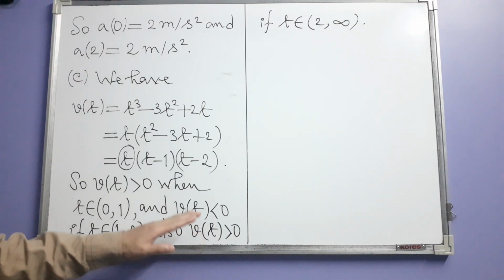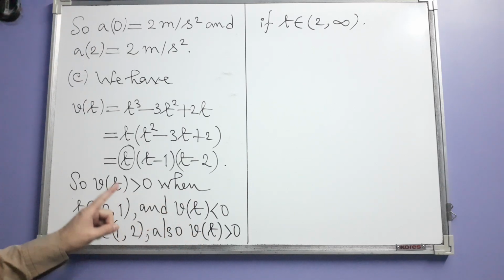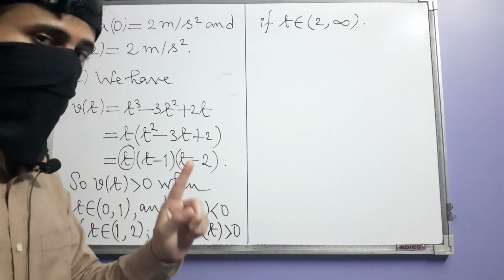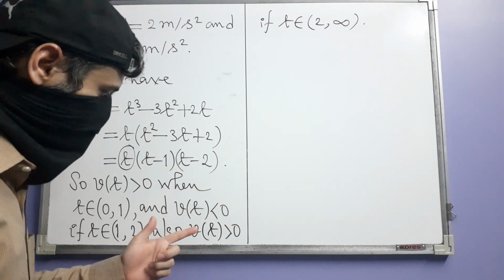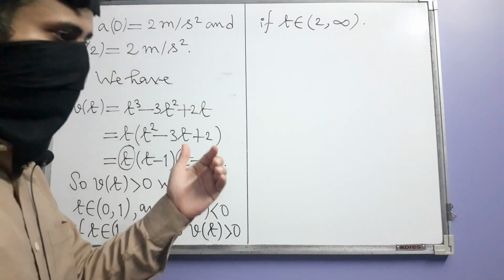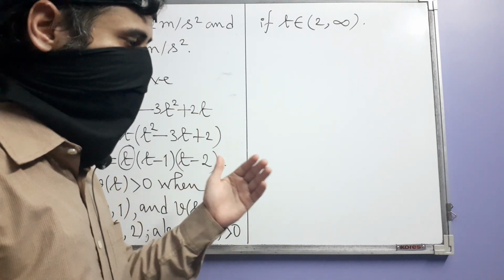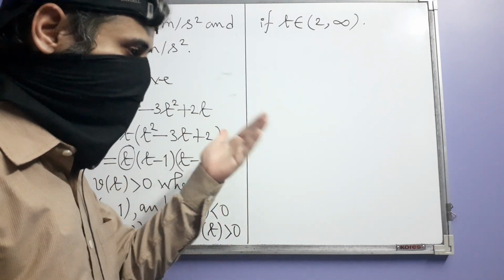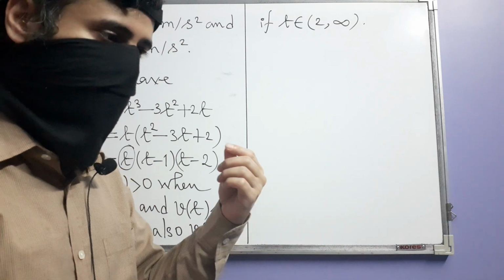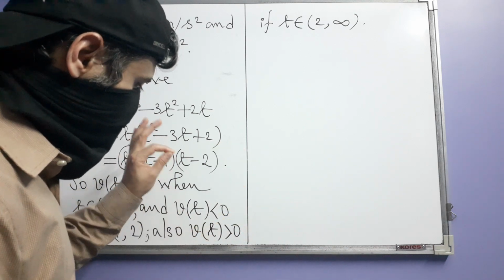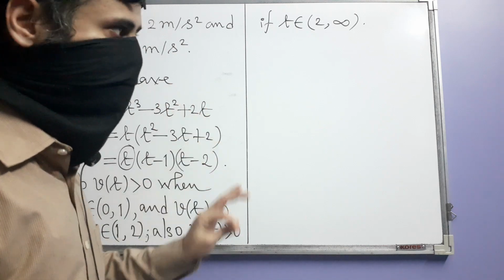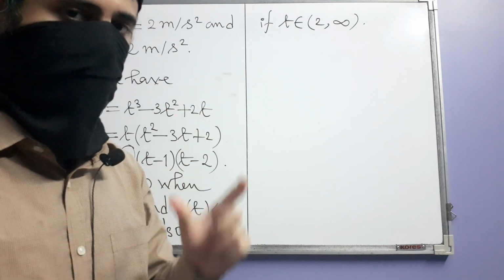So the body changes motion at t equal to 1 second and also at t equal to 2 second mark. Although we are not really looking at the body beyond the mark t equal to 2 second, the t equal to 2 second mark, that instant however is within our interval.